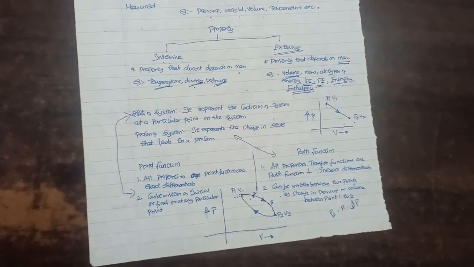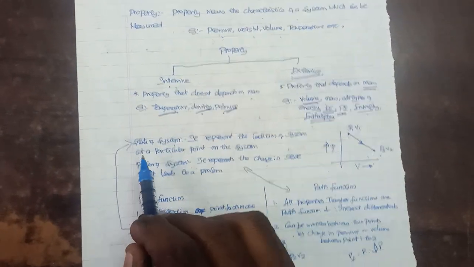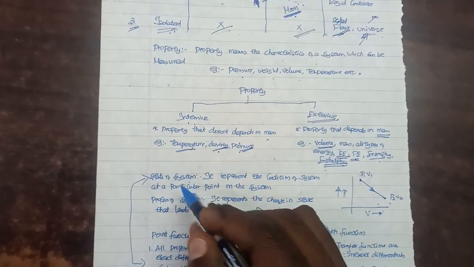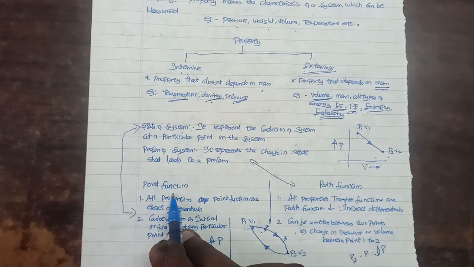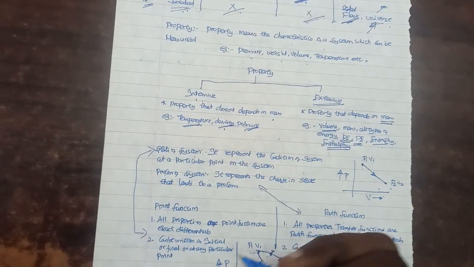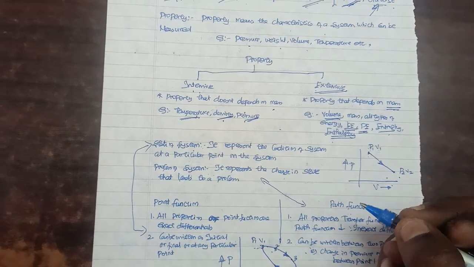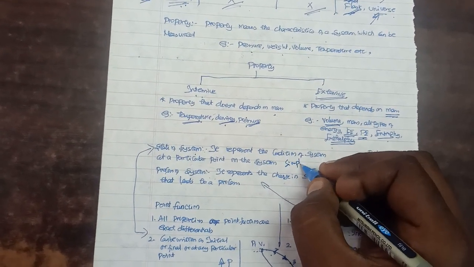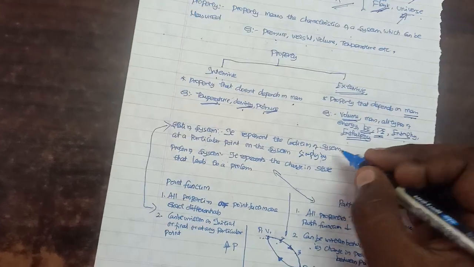And there are two ways of describing these properties: one is the state of the system and the second is the process of the system. State of the system refers to point functions, where you can give any data simply by measuring.